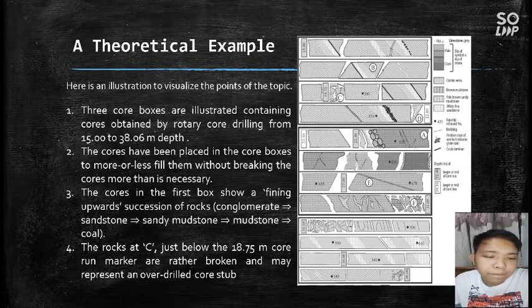Lastly, at F, the core is very broken, and at this point, the driller decided to reduce core diameter, presumably as a result of encountering drilling difficulties. Such difficulties would be recorded in the daily drilling log.